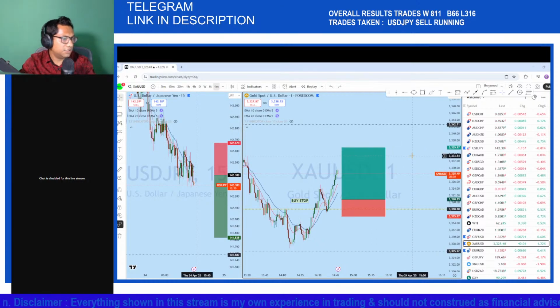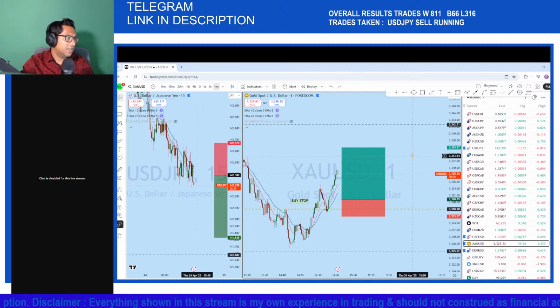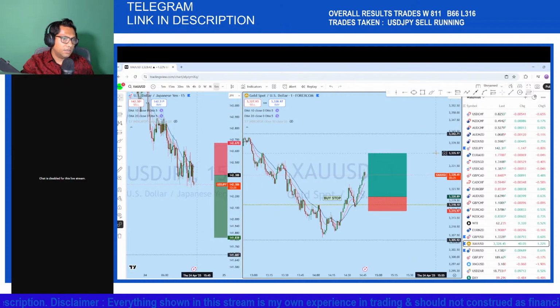So dollar yen is in our favor, while we can see XAUSD is moving in the direction here.